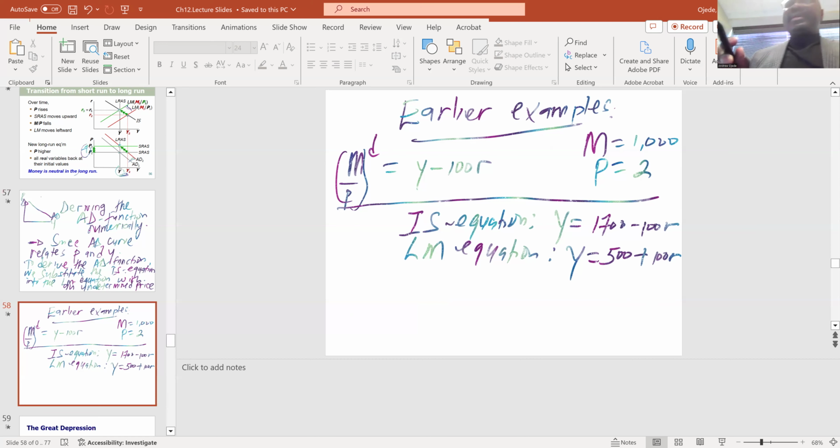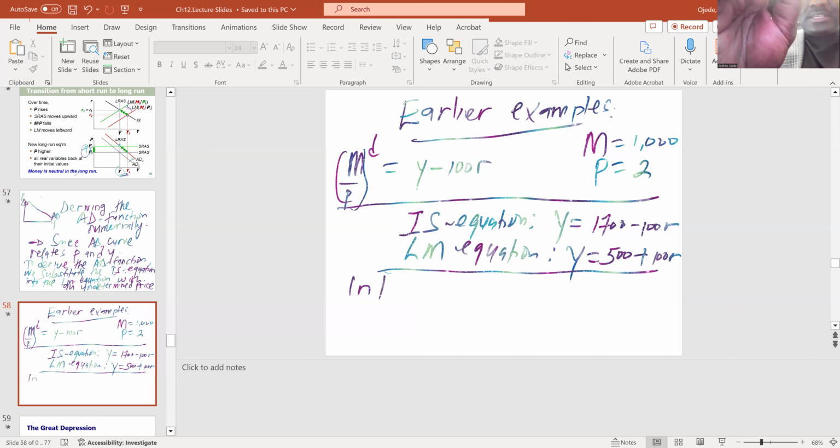Okay, so the aggregate demand curve only relates P and Y, meaning that there's no interest rate in it. You need to get rid of the interest rate. So to derive the aggregate demand curve, in the IS equation, you can make R the subject.